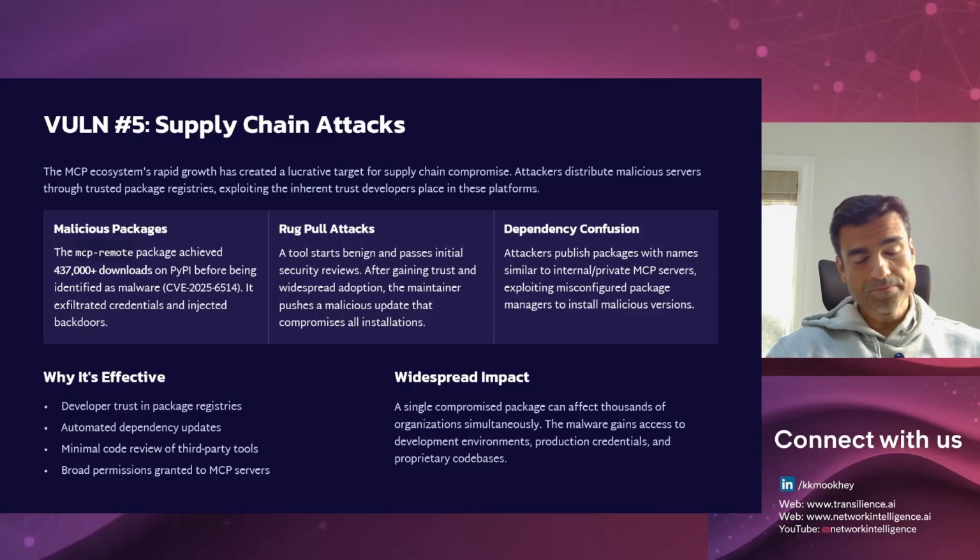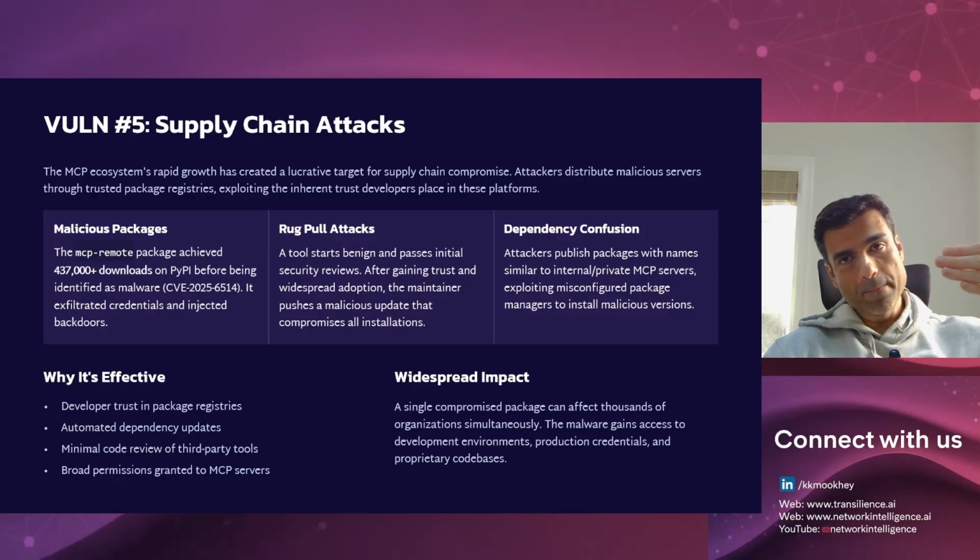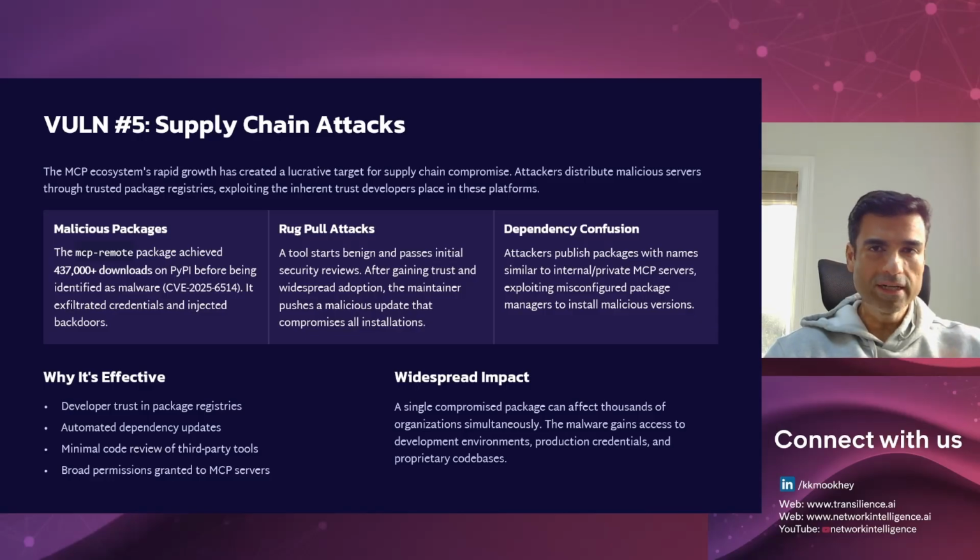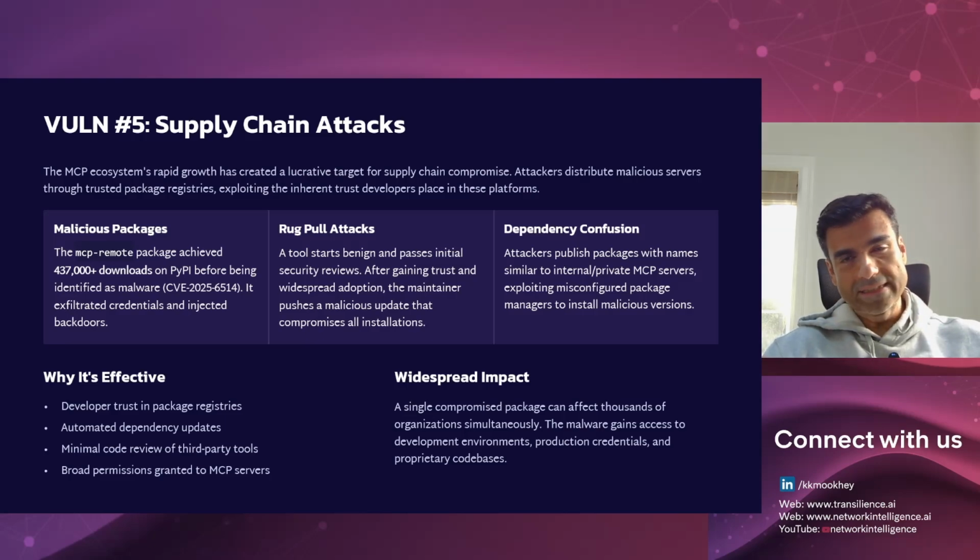Rug pull attacks. The tools that an MCP server exposes are updated to the MCP client. If the tools change, the server has the option to update the client or not update the client. So a rug pull attack is where initially the tool starts off benign, but then it is replaced by a more malicious version, maybe by the MCP creator for nefarious purposes, and the MCP client has always approved it, and it gets executed.